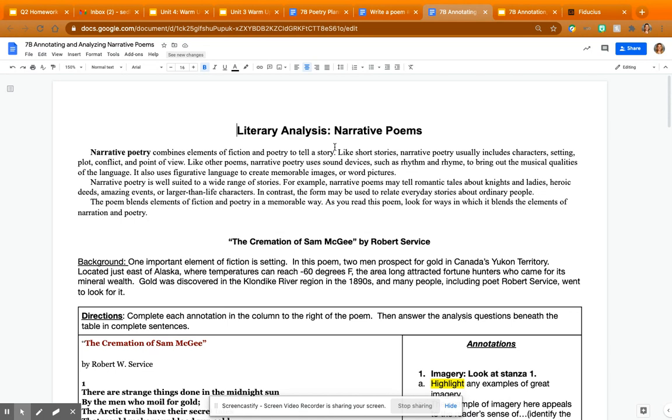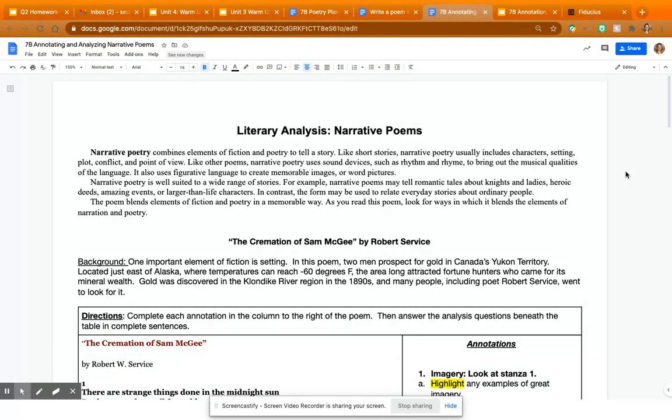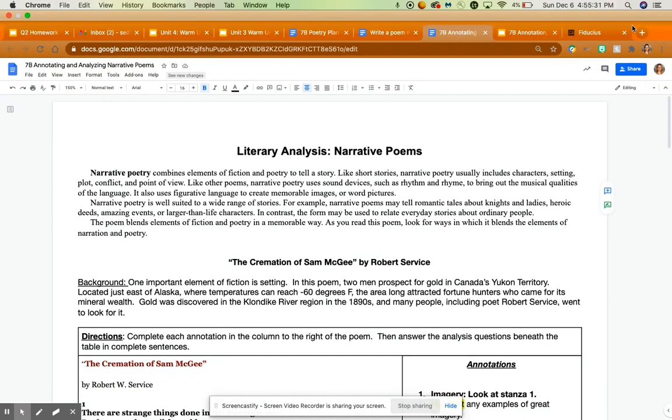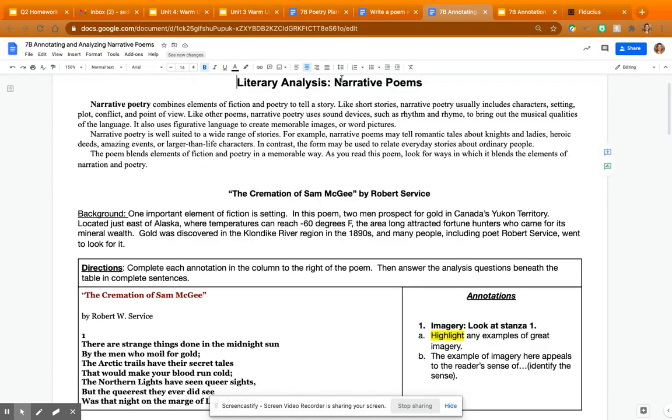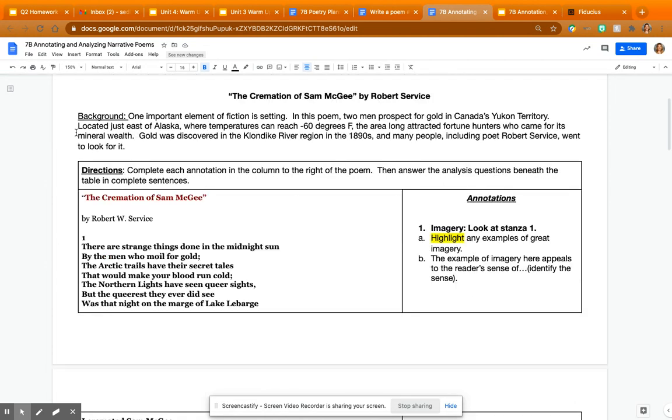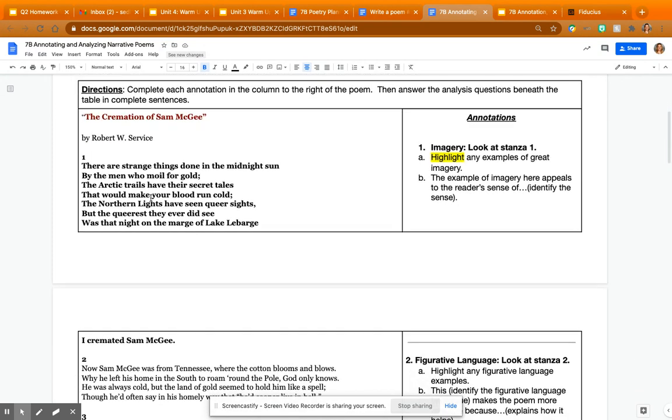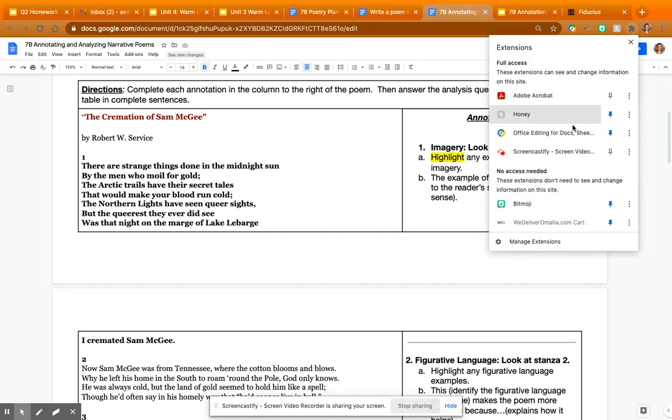So like I said, you're focusing on narrative poems, and it gives you a little bit more information up here, which I already went through on the slide. Here's the background, which I just went through. And then the directions say you're going to complete each annotation in the column to the right of this poem. Then you're going to answer the analysis questions beneath the table in complete sentences.